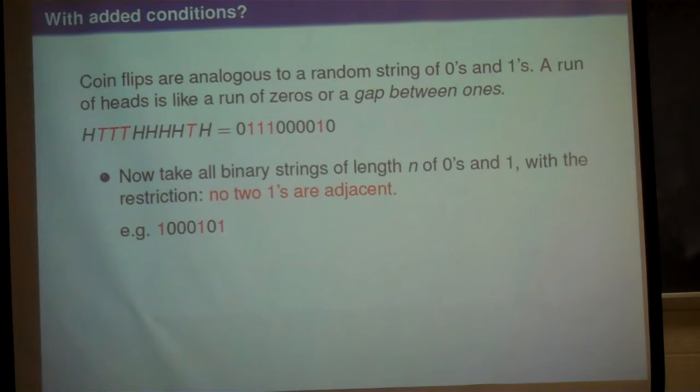So, instead of taking a random binary string of length n, suppose we take a random binary string with an added condition: that no two ones are adjacent. Well, now if I look at the longest string of ones in a row, it's not very interesting. But if I look at the longest string of zeros in a row, it might be a little bit more interesting, and you'd be wondering what would happen if we did this sort of thing.